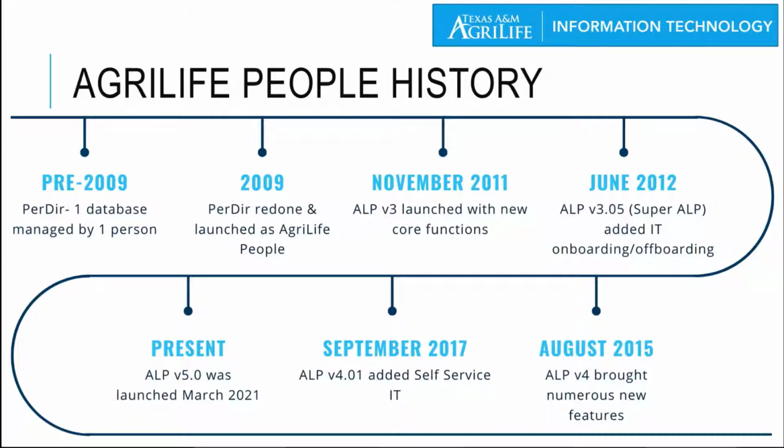And so now here we are today, and we actually just launched ALP version 5.0 in March, and that brought a bunch of changes as well. ALP now has the ability to determine if and which Microsoft licenses an employee gets. You can add a link to your Instagram profile.